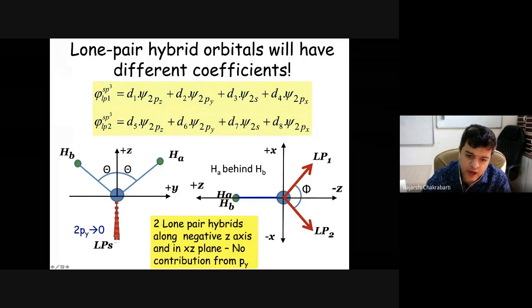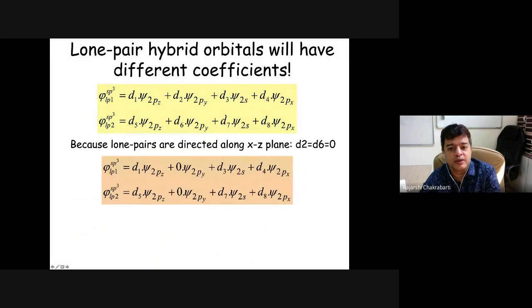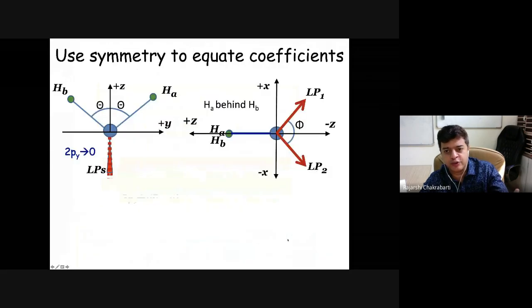Two lone pairs lie along the negative z-axis, and in the xy plane there is no contribution from py, so this py coefficient will go to 0. Now you can use symmetry: it should have the same 2pz contribution, the same 2px but with the opposite sign, and the same 2s contribution. This will fix the coefficient magnitude and sign.